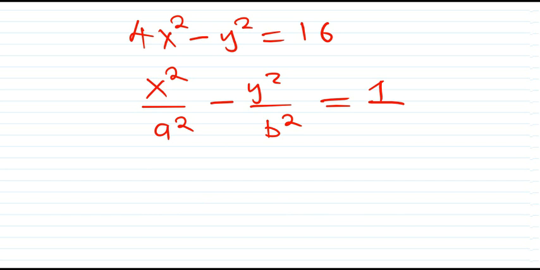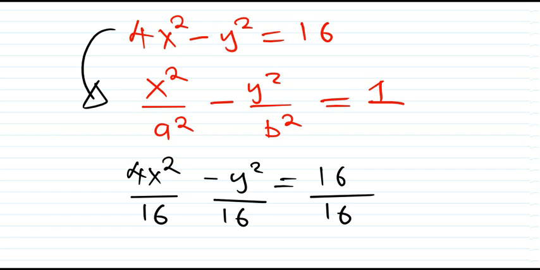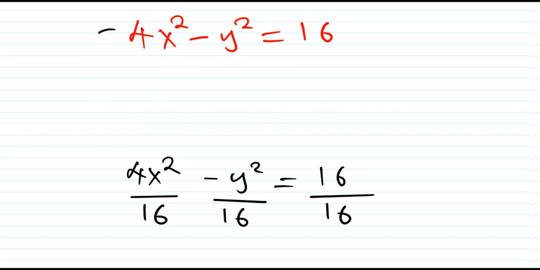Okay, so let's now take the given equation in the basic form. The basic principle is we need to have a constant of 1 on the right. So how do we do that to what we have on top? We have to divide by 16, right? So divide by 16 so we can have a 1 on the right. So what are we going to end up with?